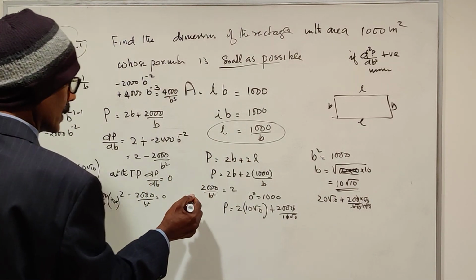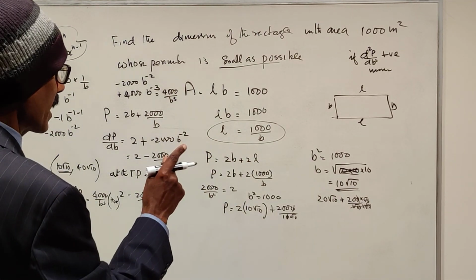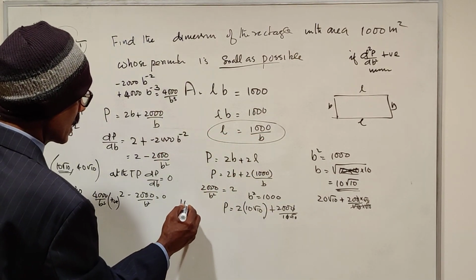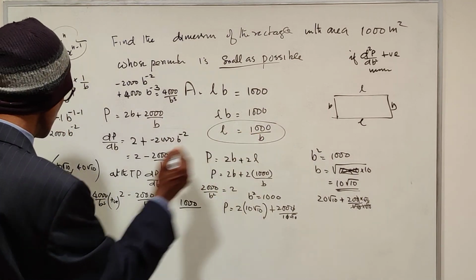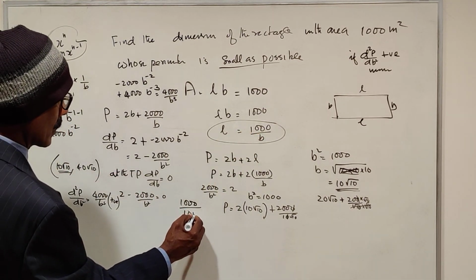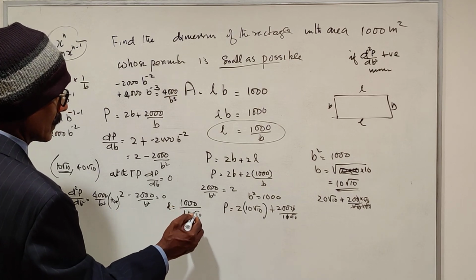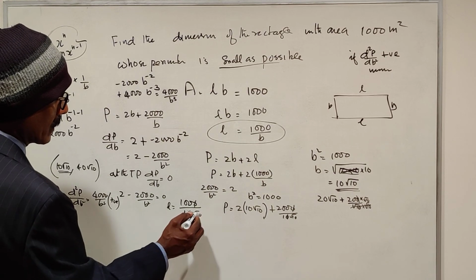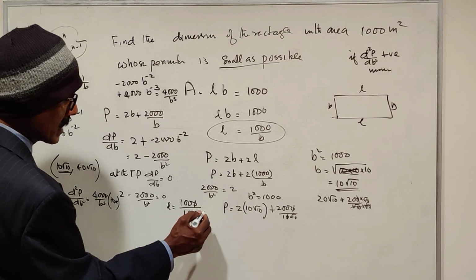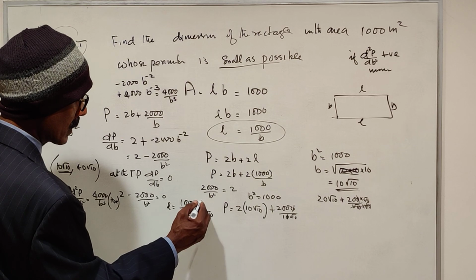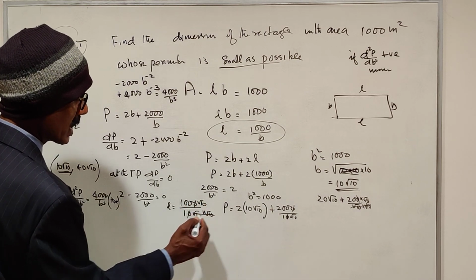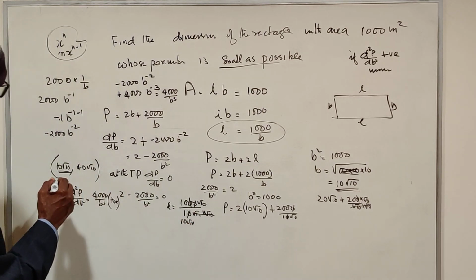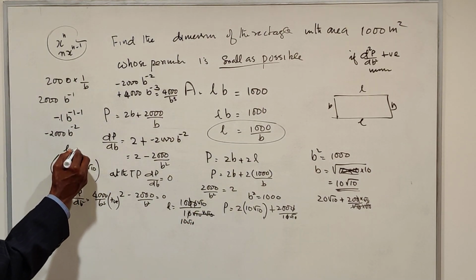See, L is equal to 1000 divided by B. 1000 divided by 10 root 10: you can cancel out the zeros, then rationalize the denominator, multiply root 10 by root 10, root 10 times root 10 is 10, cancel out the zero. Length is also 10 root 10.